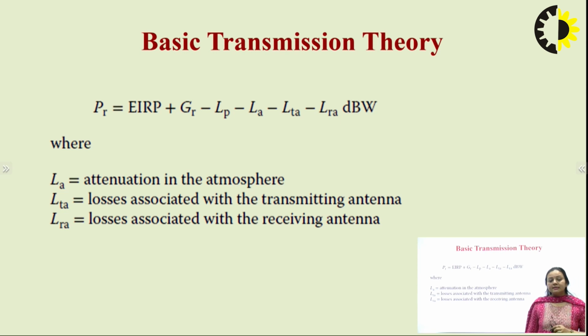So I can write the link equation as PR equals EIRP, which is PTGT, plus GR, the gain of the receiving antenna, minus path loss. We have considered other losses as well.